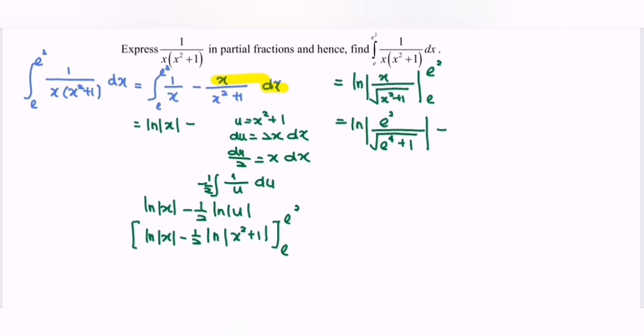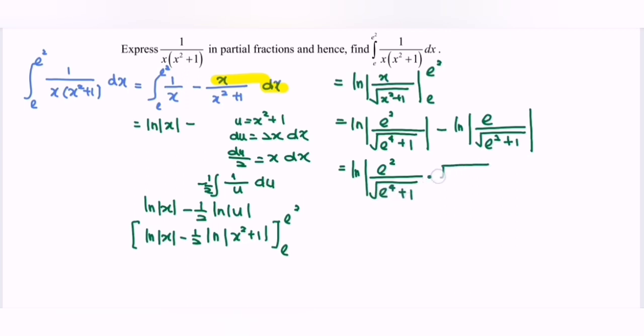Then e over the square root of e squared plus 1. The minus means divide, so we have ln of e squared over the square root of e to the power 4 plus 1, multiplied by the square root of e squared plus 1 over e.